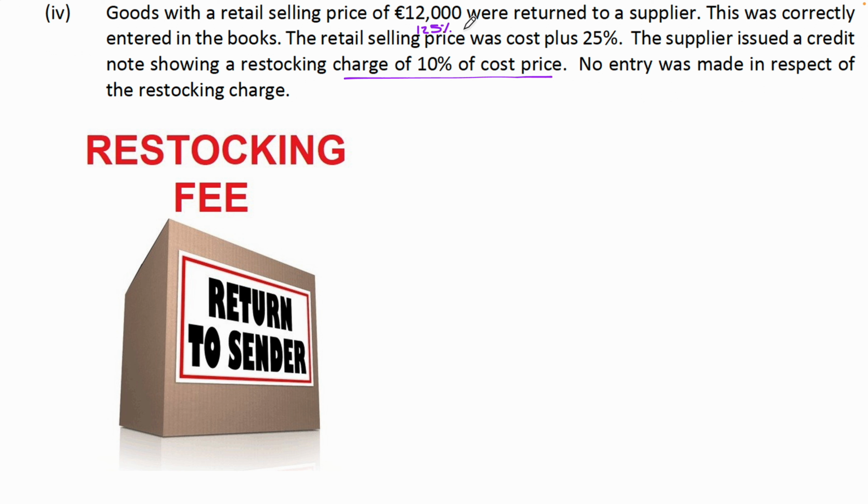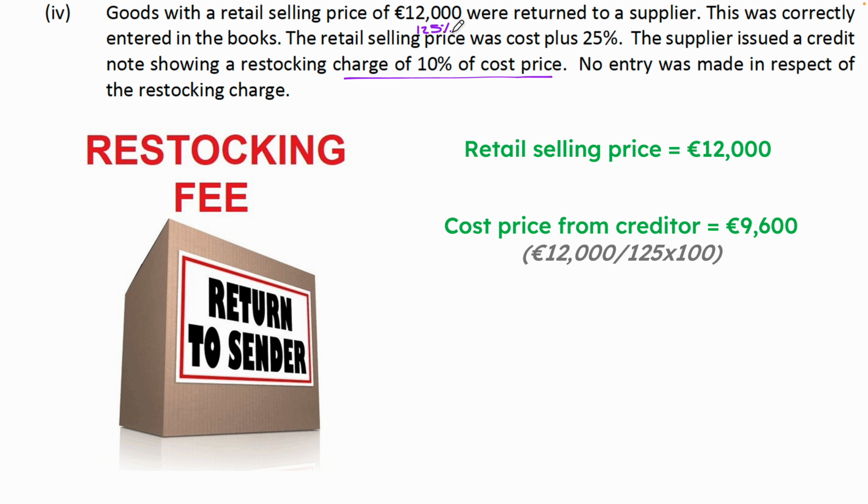So 12,000 is the 125%. Cost price is going to be 12,000 divided by 125 multiplied by 100. So the cost price from the creditor is 9,600. They are now charging us 10% of the cost price to say, hey, it's costing us to restock this stuff that you just sent back to us, so we're charging you for it.